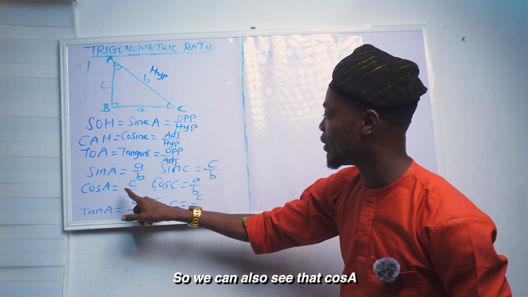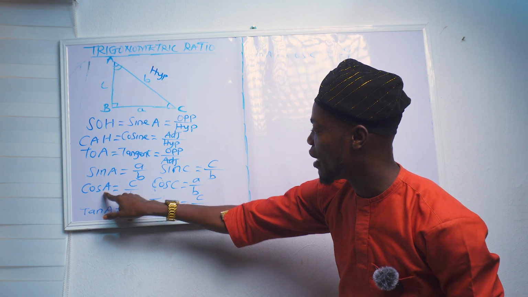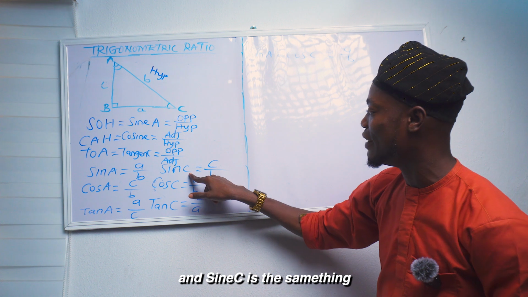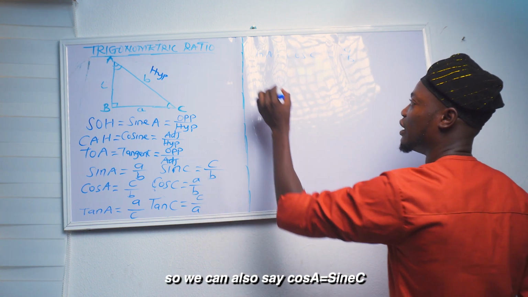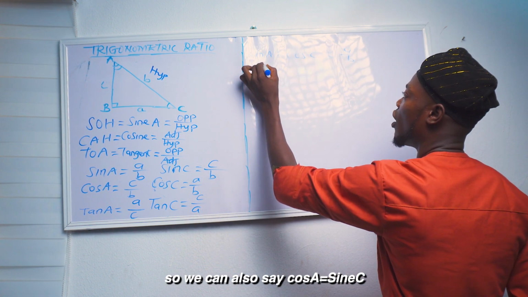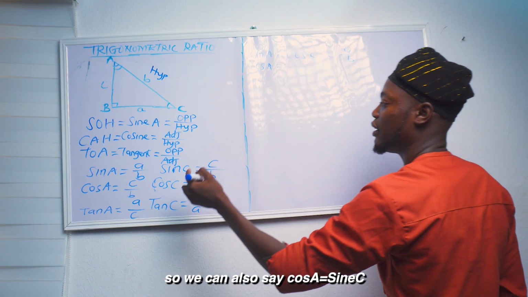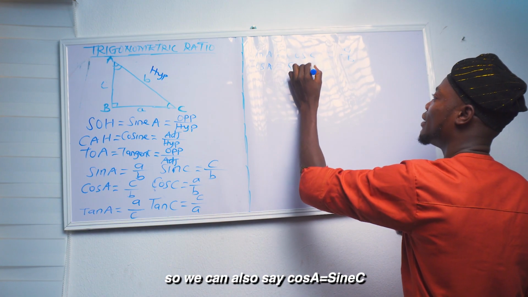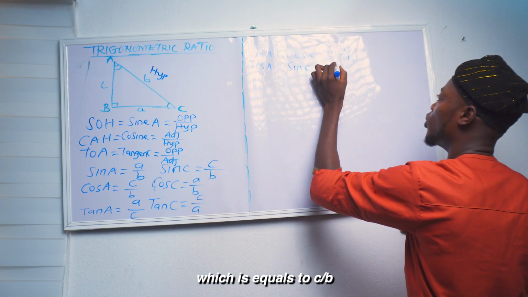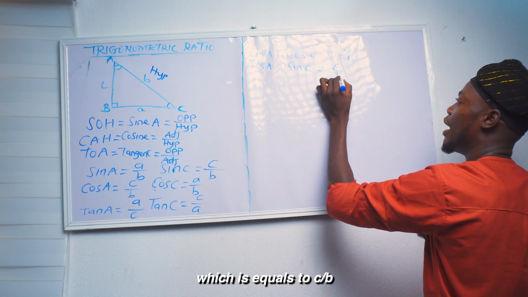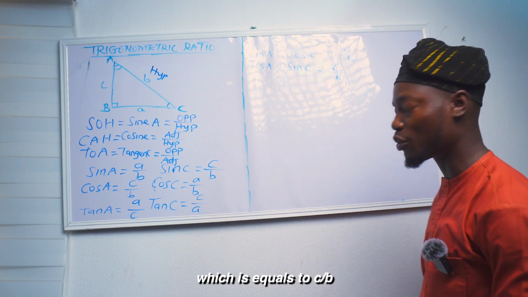We can also see that cos A and sine C are the same thing. So we can also say cos A is equal to sine C, which is equal to C over B. Are you getting what I'm saying?